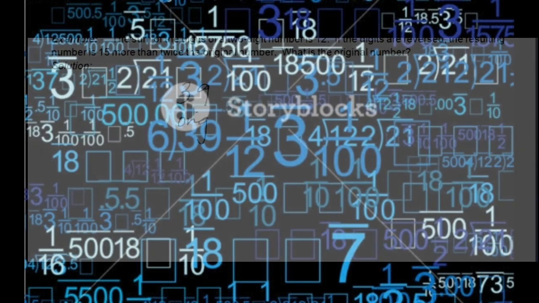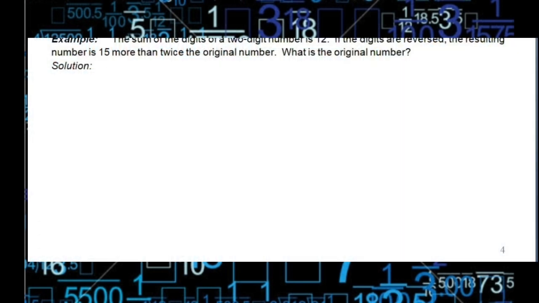Ganun lang. Ma'am, paano po pag ililet x? So, ganito. Una, representation. So, example, meron akong number na 39.